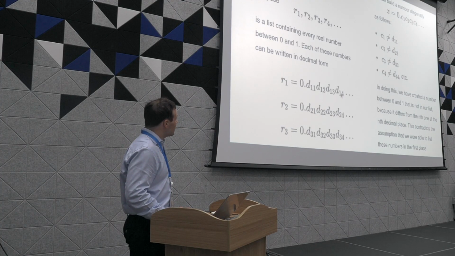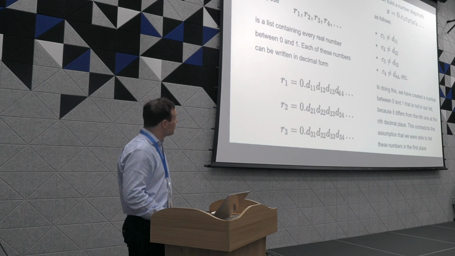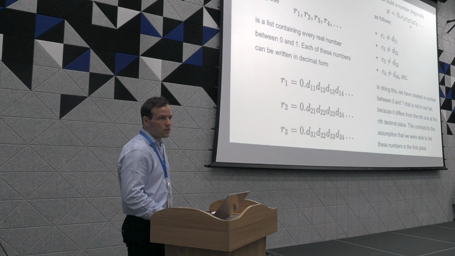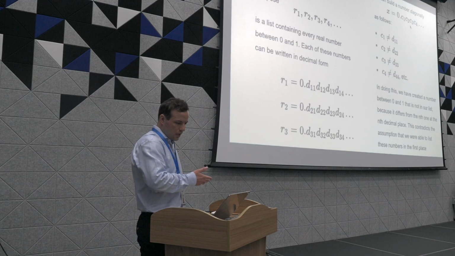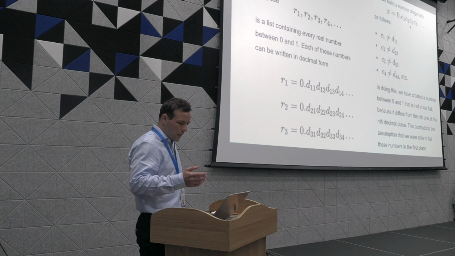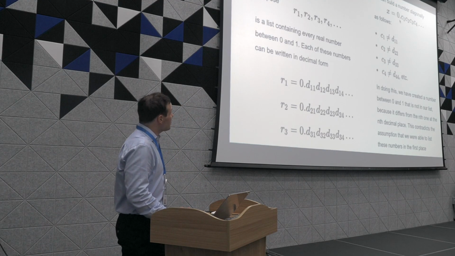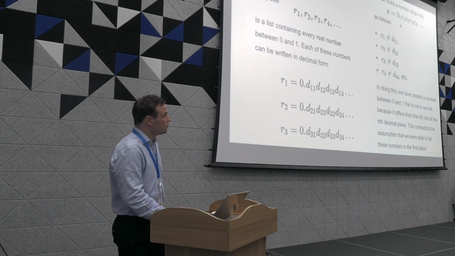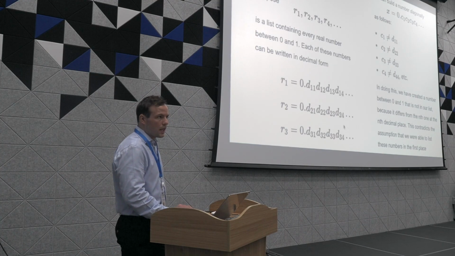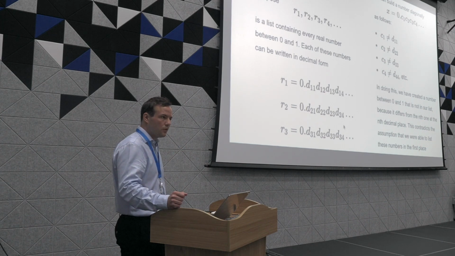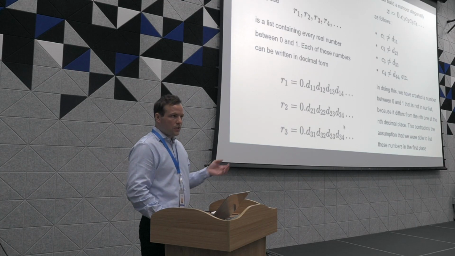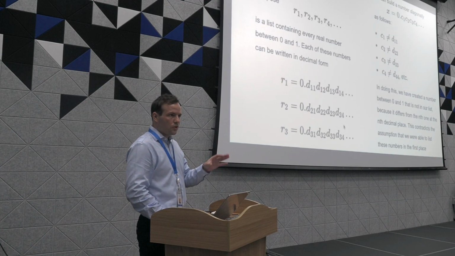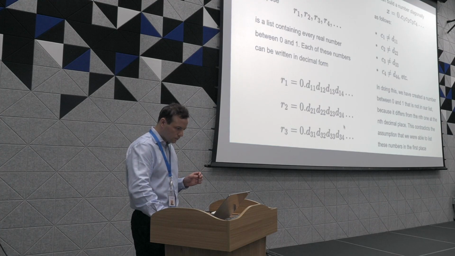We look at our list, and for the nth number, we look at the nth decimal place, and we just make sure that the nth decimal place of x is different. So we just choose a digit that's different than the nth number in our list at the nth decimal place. So this will definitely be a number between 0 and 1, but it's not in our list, and that contradicts our assumption that we could list them all in the first place. That's the contradiction that we're looking for. So there doesn't exist a bijection between the naturals and this interval from 0 to 1.